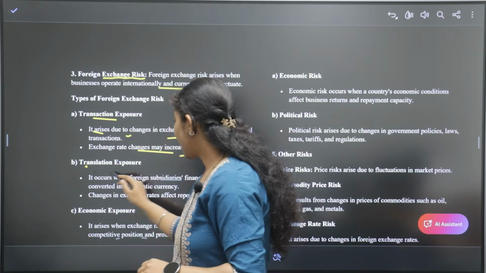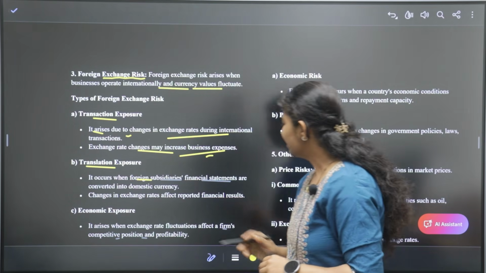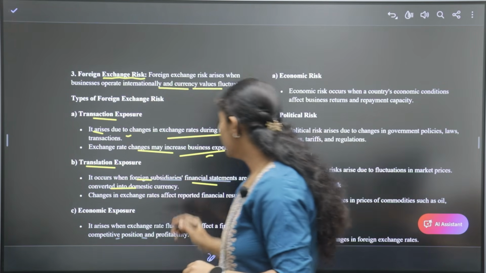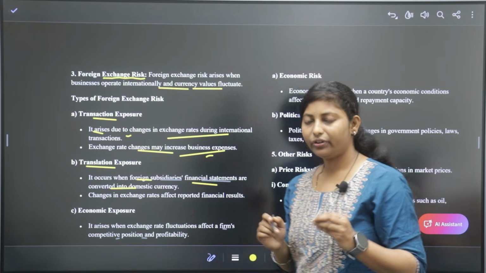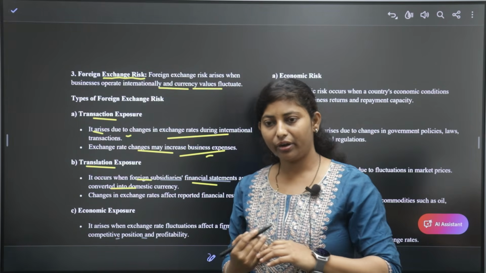Next we have translation exposure. It occurs when foreign subsidiaries' financial statements are converted into domestic currency. The dealing is already done, and now we are getting payment from a foreign country to our country.